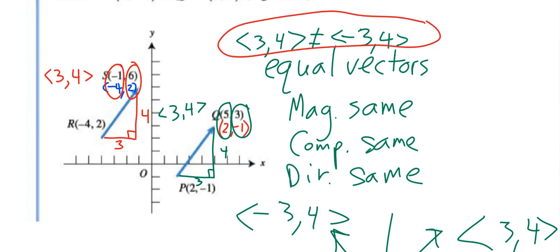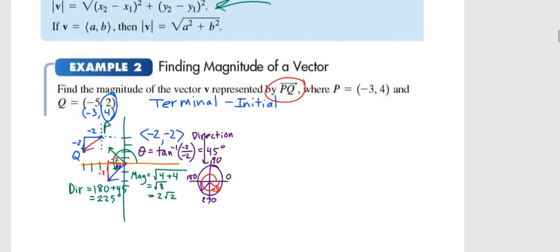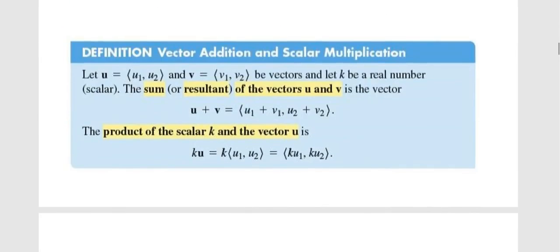I added a negative to the x component. That's what caused them to be not equal vectors. But these two in this picture definitely are equal vectors. I was just giving an example of when they were not. Good questions. I'm glad you guys are thinking and asking.